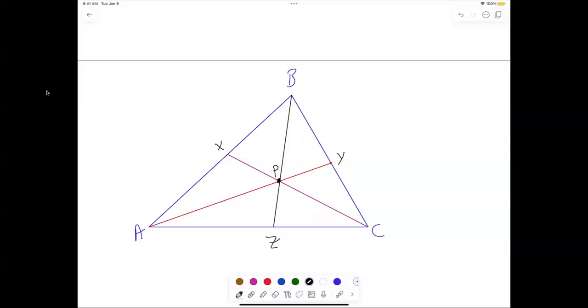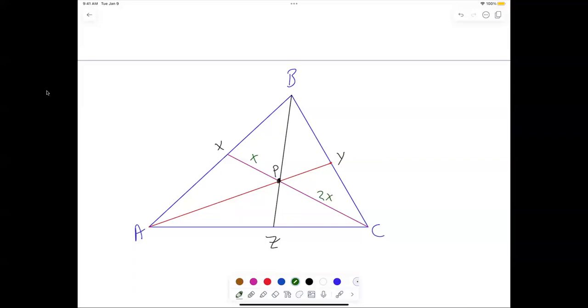Now, what's interesting about the centroid is it divides those medians. Those are called medians. The median is divided into always this ratio. This we call X. PC is called 2X.